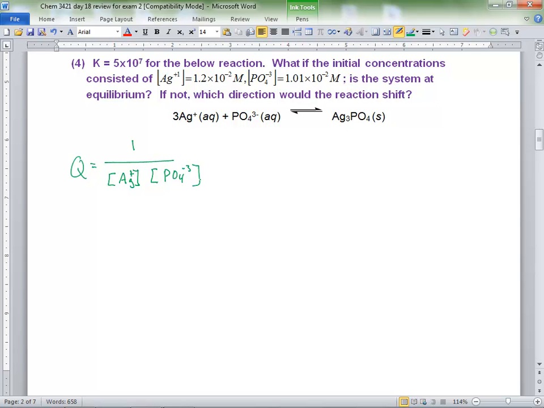What exponents should I use there, Daisy? These little ones here.